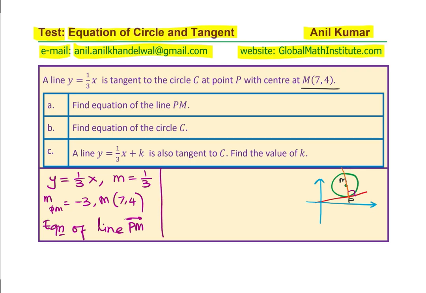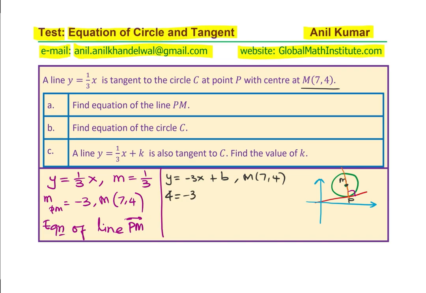Okay, so the line which is perpendicular to 1 over 3x will have a slope of minus 3. So we can write this equation as y equals minus 3x plus y-intercept b. To find the y-intercept, I'll substitute the center of the circle, which is 7, 4. So 4 is the y value, x value is 7.